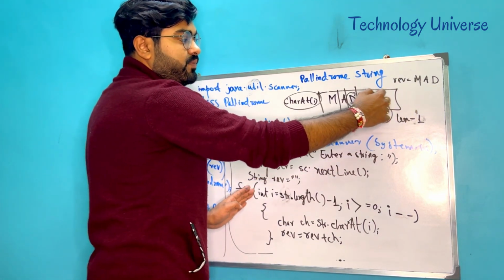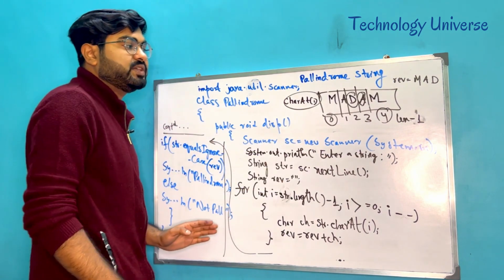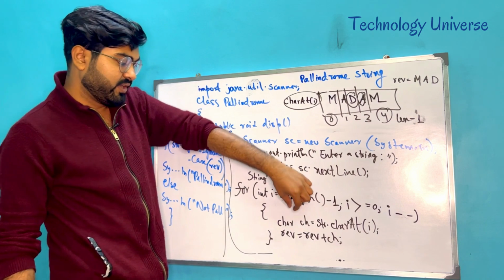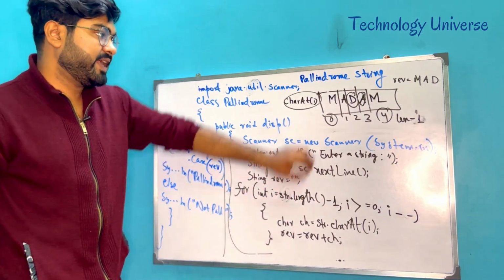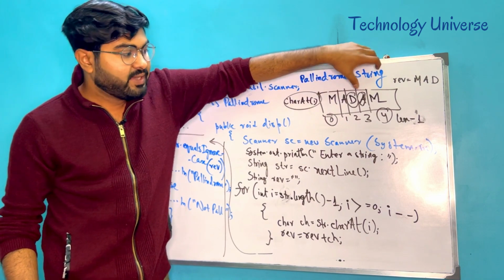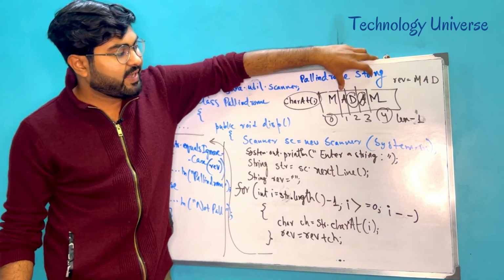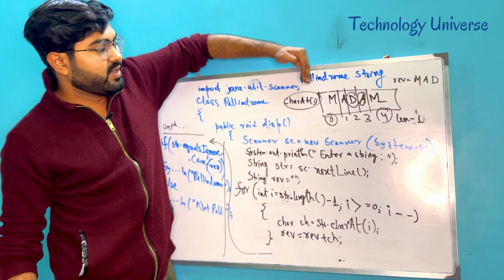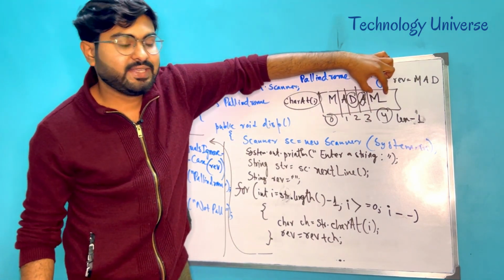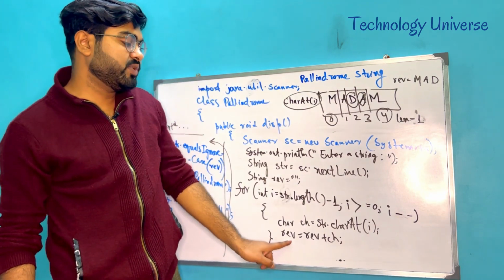First m would be extracted, then a would be extracted. If our input string is madam, then in the first iteration ch would be m, in the next iteration ch would be a, in the next iteration ch would be d, and likewise it would sequentially cover all the characters. Now each time I am extracting the character, I am concatenating that with rev.